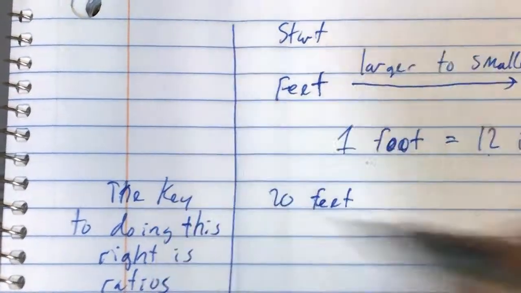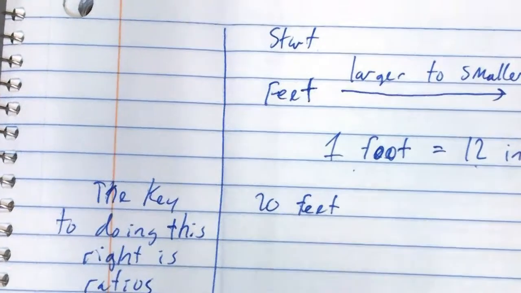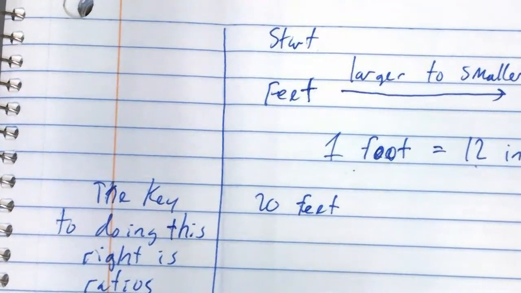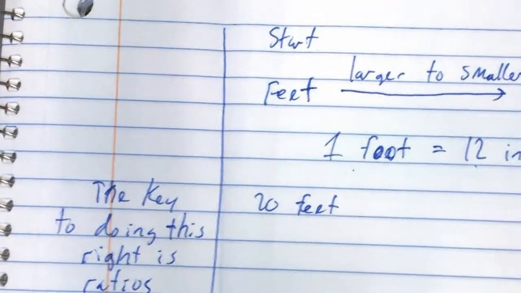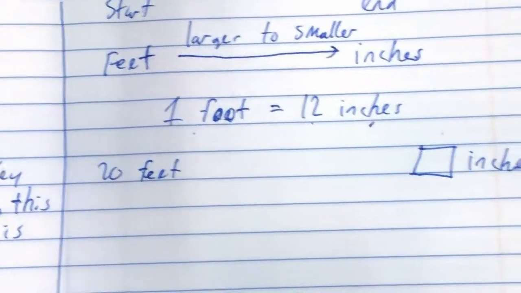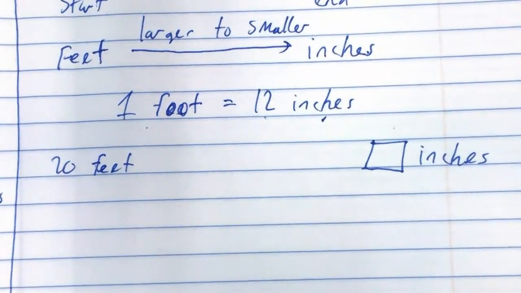One thing to another. So we want to go from 20 feet to inches at the end here. That's what we don't know. We don't know how many inches we're going to have, okay? We're going from feet to inches.